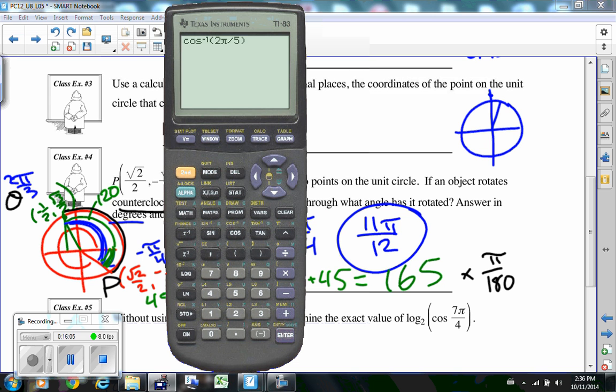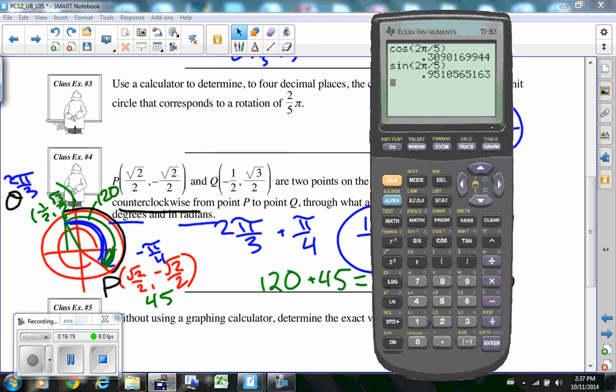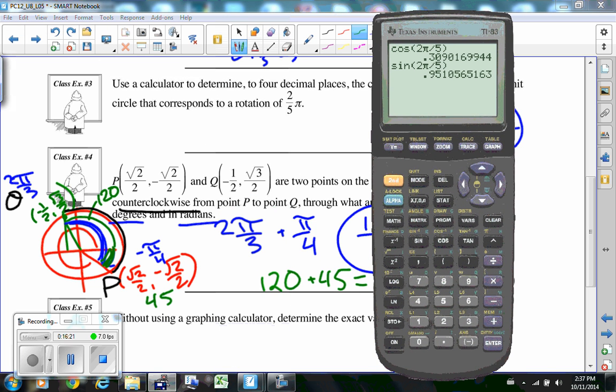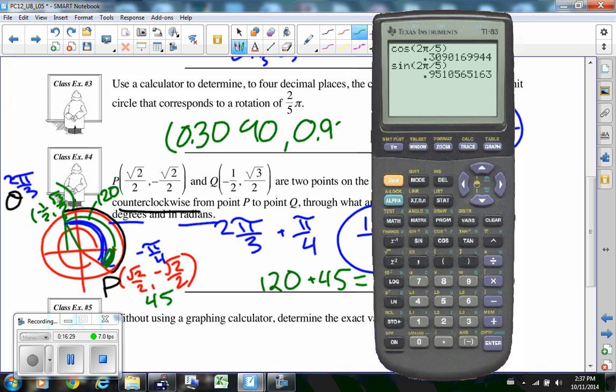I didn't want cos -1, I want cos. There we go. And the sine, cosecant, tangent. So this point would be 0.3090. My cos is the x. 0.9511. My sine is my y.